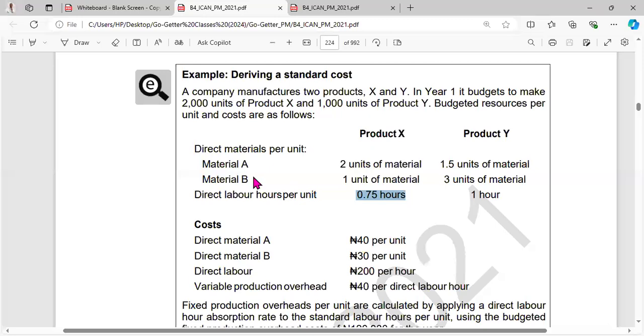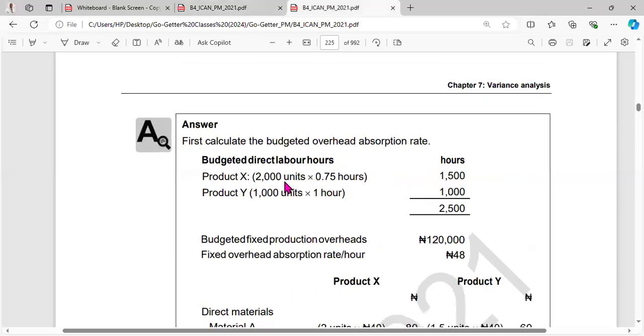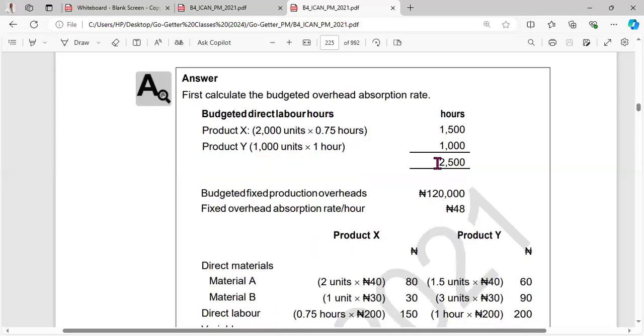When you multiply by 2,000 units, it means 1,500 hours is what you are going to use to make product X. Then for product Y, you need 1,000 units, 1 hour for each product, meaning you have 1,000 hours. So when you add product X and product Y, you have 2,500 direct labor hours for the two products.